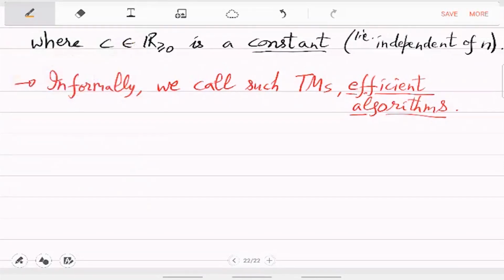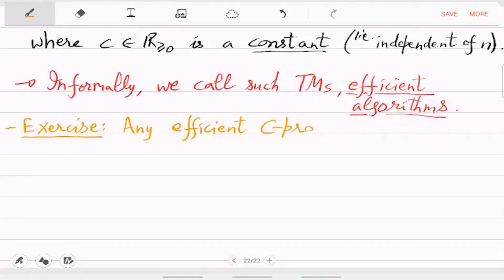So let me give you an exercise. So any C program, if you are looking at a C program that is efficient, its time complexity is polynomial in the input size, any efficient C program can be written as an efficient Turing machine.